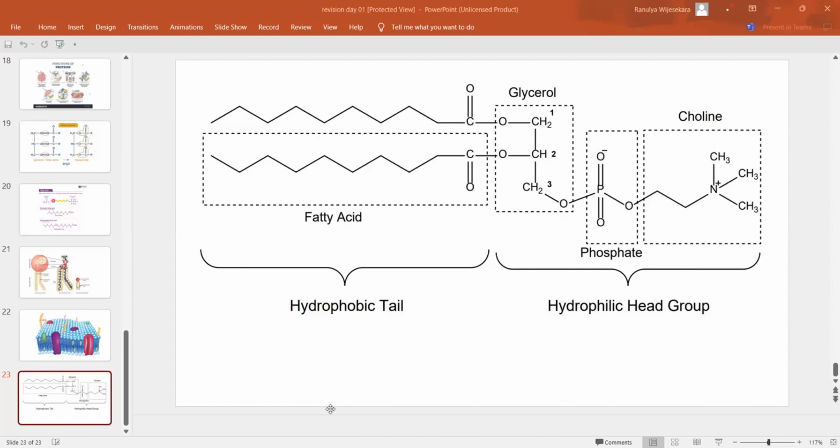Next point. Fatty acids are hydrocarbon chains with a long carbon skeleton with a carboxyl group at one terminal.